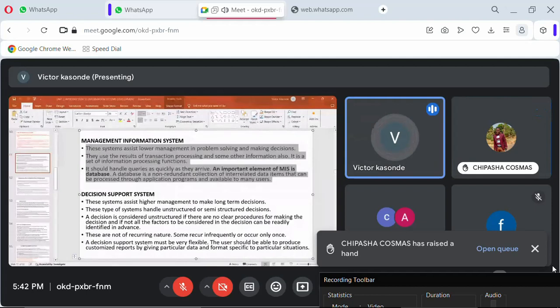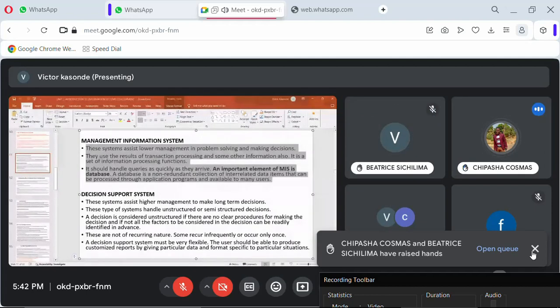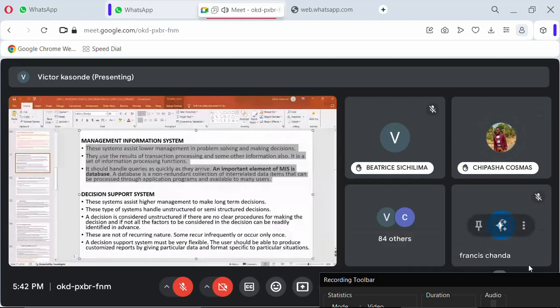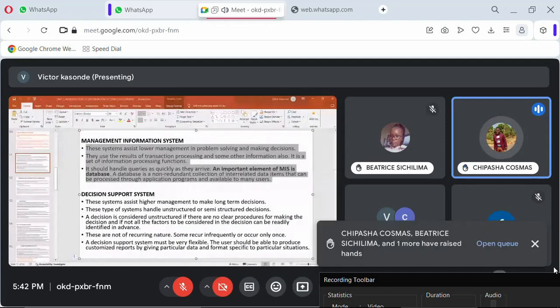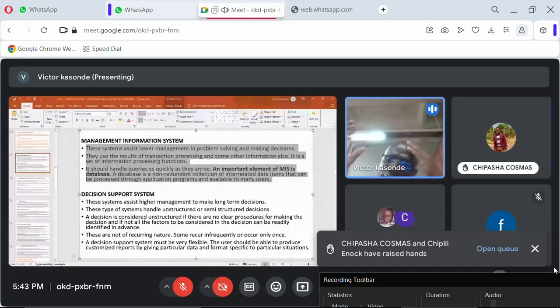On the management information system, it is prepared according to transaction processing. So meaning if the transactions are not going well and they are not receiving the required information, they can base on transaction.